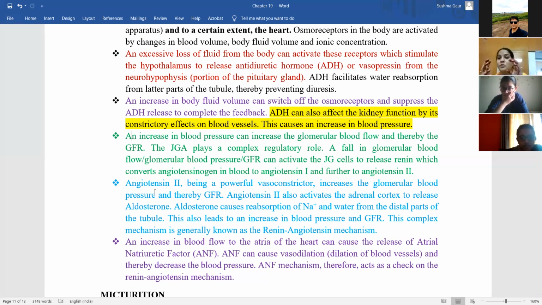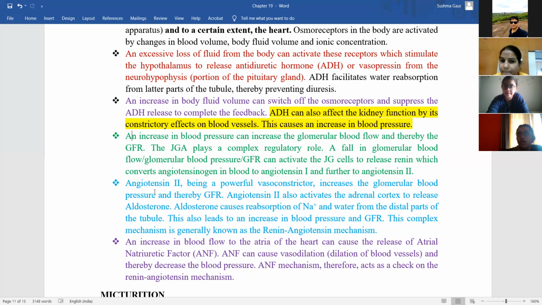So the amount of blood that will enter into the glomerulus for filtration will also increase, and it will increase the glomerular filtration rate also. Okay? The more blood will enter into this glomerulus for filtration, the more it will increase the glomerular filtration rate also, right? Do you understand? Can you correlate?